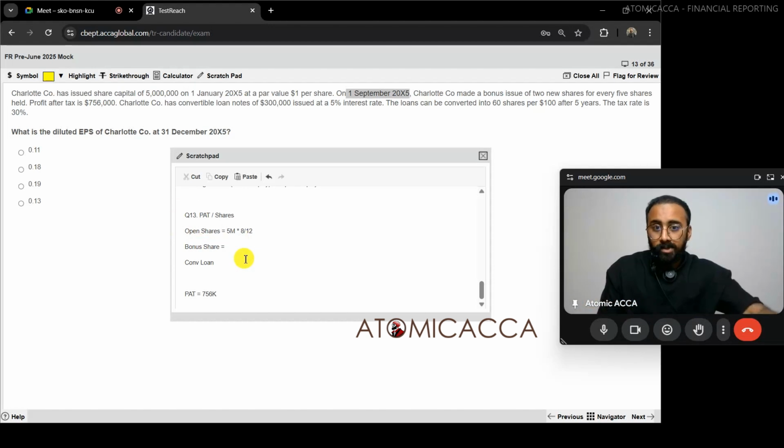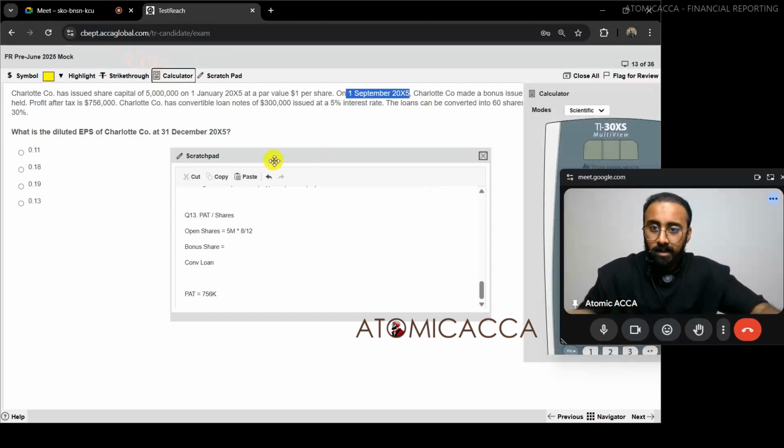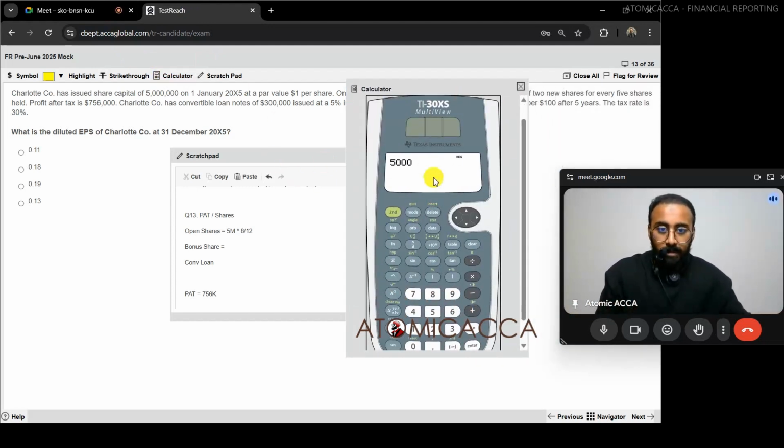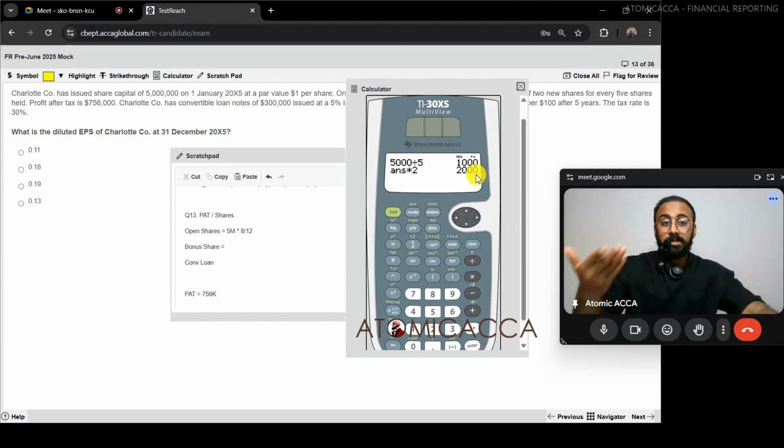How much is the bonus share issue? 2 new shares for every 5 in the company. The company already had 5 million shares, and for every 5 shares, they are issuing 2 new bonus shares. That means 2 million shares are coming up extra.